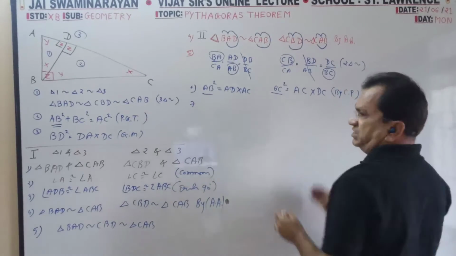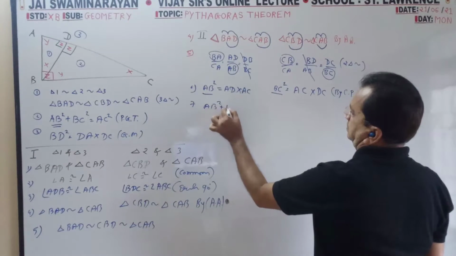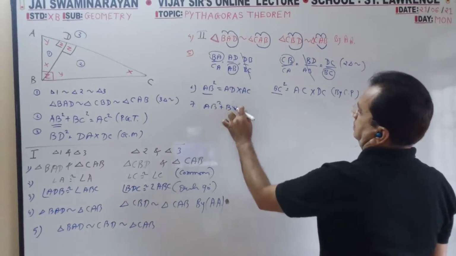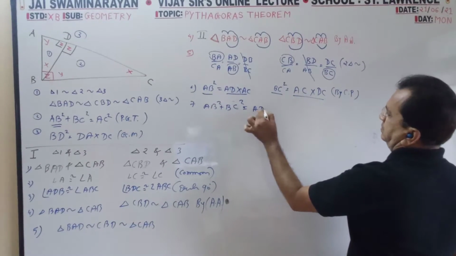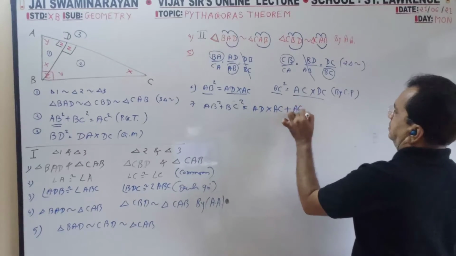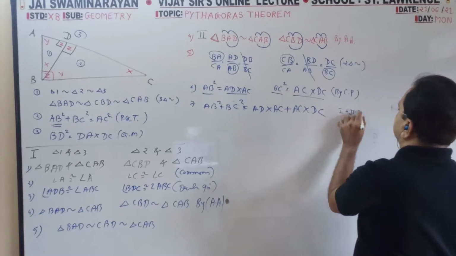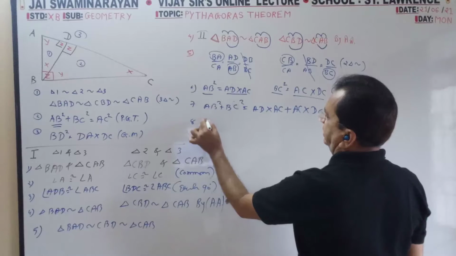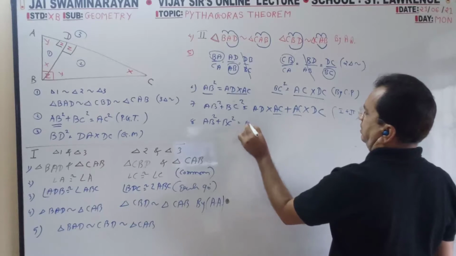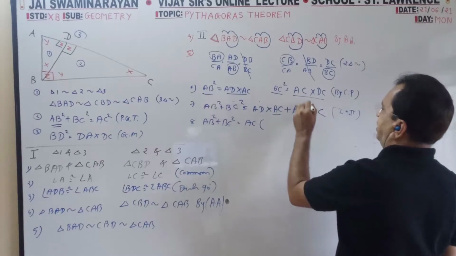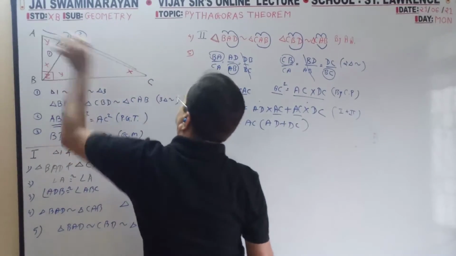Now AB, BC: left side total, left plus left, right plus right, first plus second. Now this will be as it is. Now I will take AC common. What remains? AD plus DC. What is AD plus DC? AC.